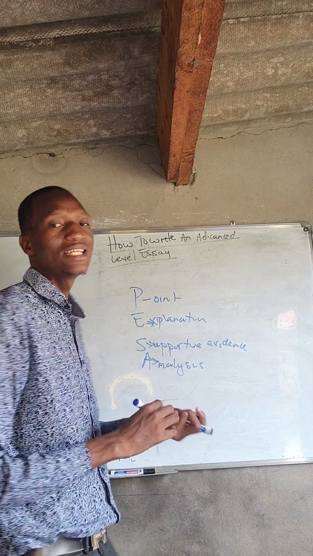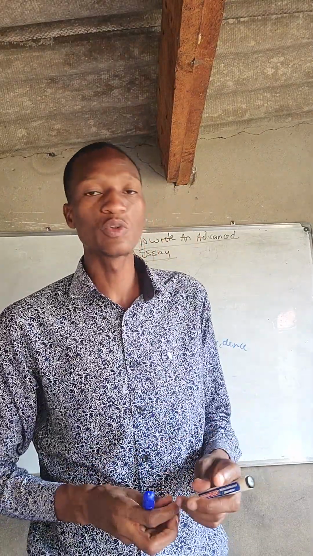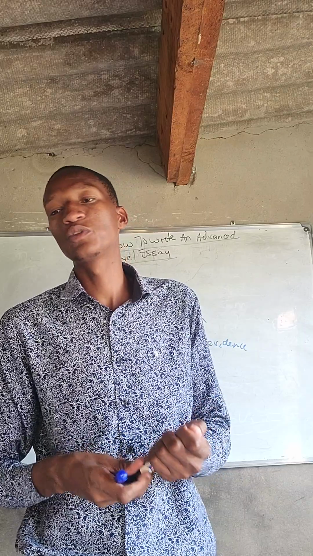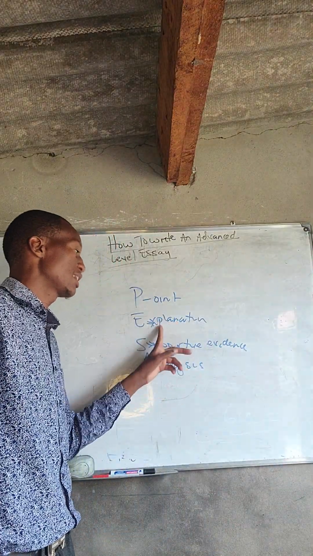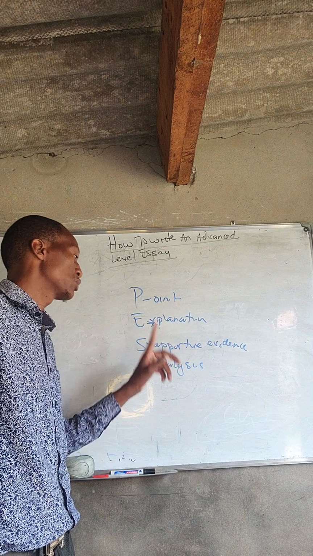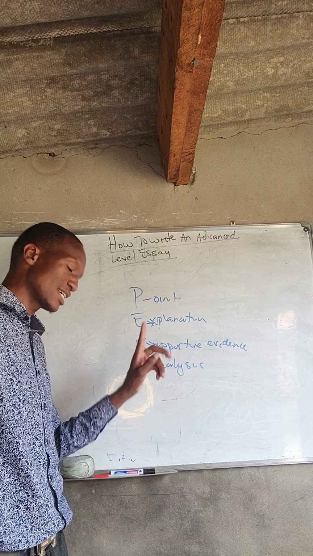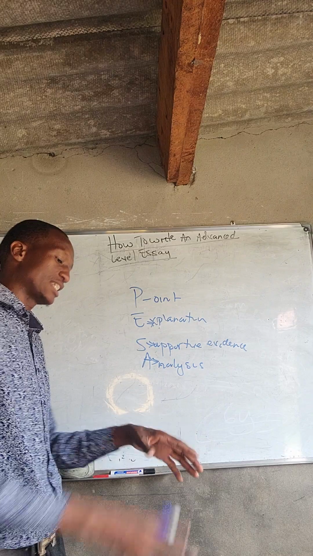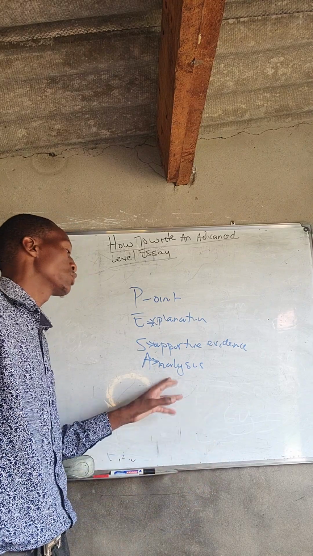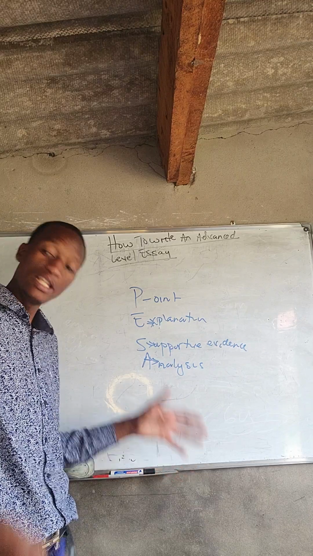This means in each and every paragraph, you need to give us a point, an explanation about that point, supportive evidence about that point, and also a special analysis which reflects the general summary of what you were writing in your paragraph, not in your essay, in your paragraph.